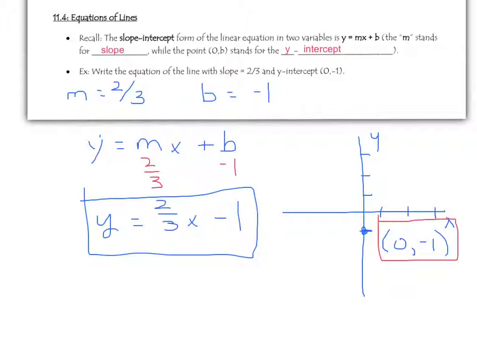From this point, we're going to use the slope 2/3 to find the next point. 2/3 means it has rise over run. Slope is rise of 2 over run of 3. So we rise 2, 1, 2, and we run 3, 1, 2, 3, and this is where our next point goes.